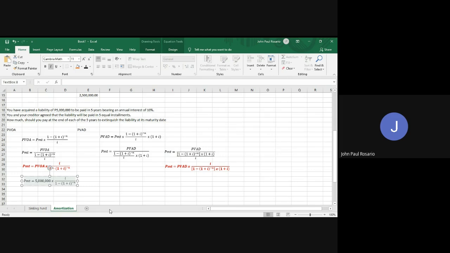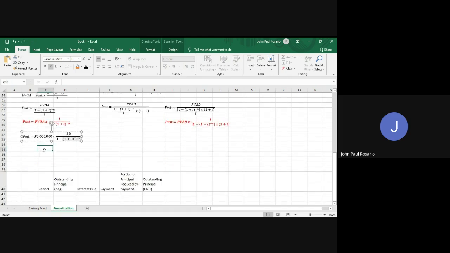So that's here. Our I is 0.10, and we also have 0.10 here, and our N is 5. With that in mind, we can now solve for our payment, which is 5 million multiplied by 0.10, and we divide this by 1 less 1 plus 0.10 raised to the power of -5.